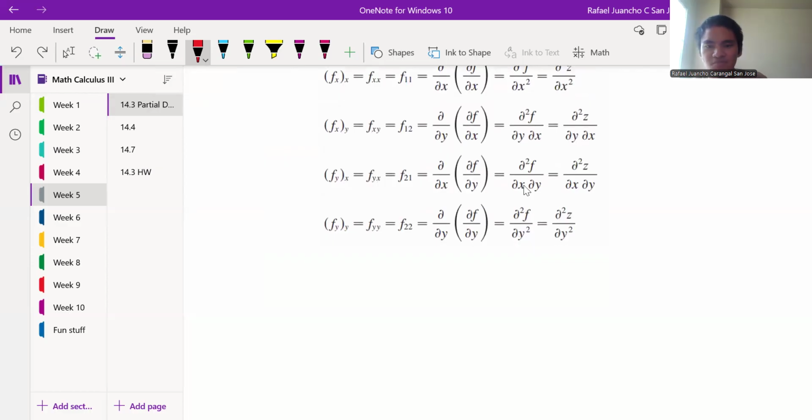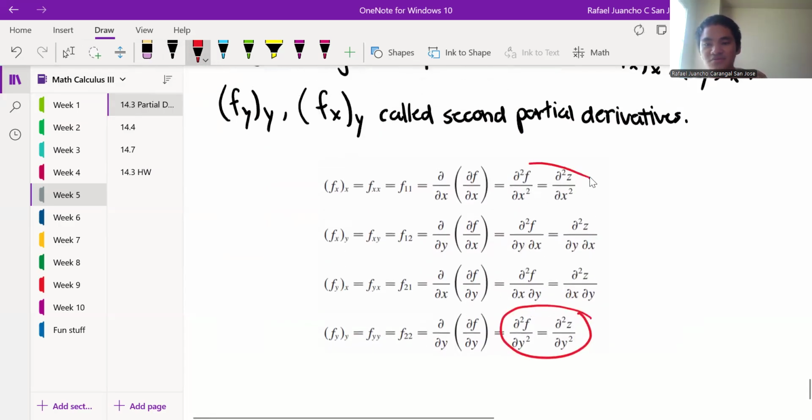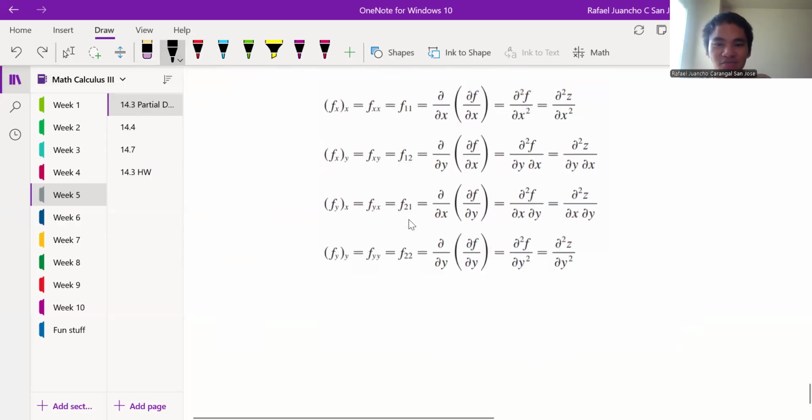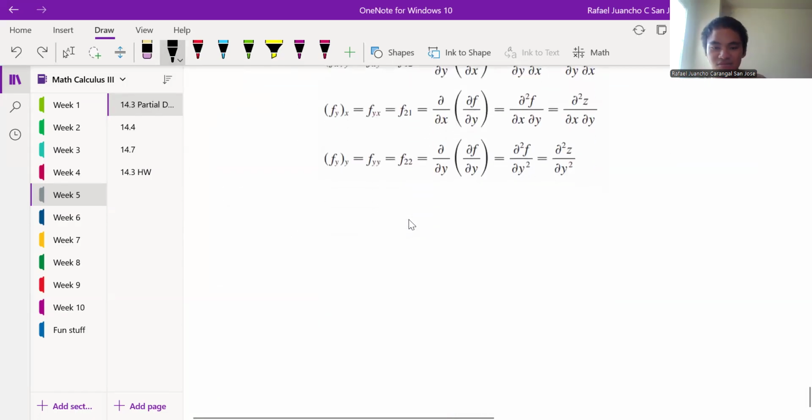Here with respect to x first, and then with respect to y, right? Here with respect to y first, then with respect to x. Those are, I guess, the only new ones. Because these ones, we have seen these before. It's kind of similar to this one, when we have a function of a single variable. But here we have multivariable functions, so it looks something like that.